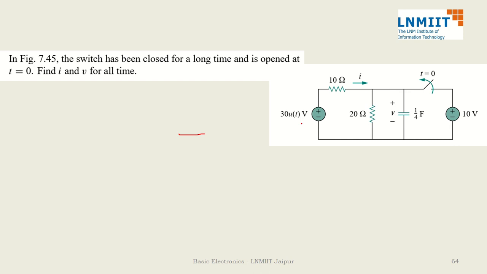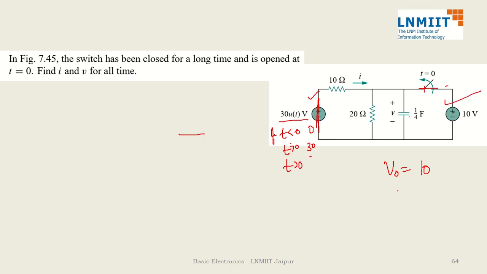So here we have 30 u(t), that means for t less than 0, this is 0 volt. For t greater than 0, it is 30 volt. So before t equal to 0, this was a short circuit. This was closed. So the capacitor was connected only with 10 volts. So the initial voltage was 10. When I go for t greater than 0, 30 volt is connected, 10 volt is removed.